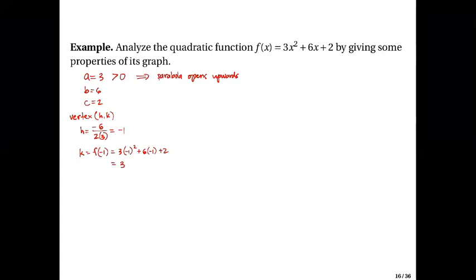So this is just 3 minus 6 plus 2. This is equal to negative 1. So the vertex is at negative 1 comma negative 1. And also the axis of symmetry, it's the x coordinate of your vertex. Okay? So this is just x equals negative 1.